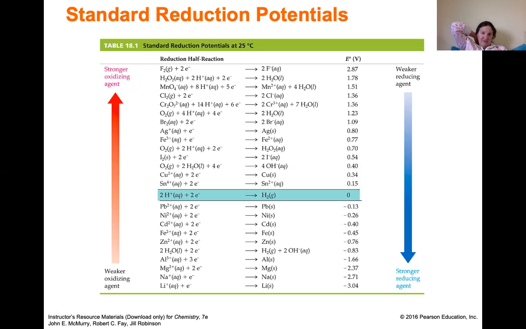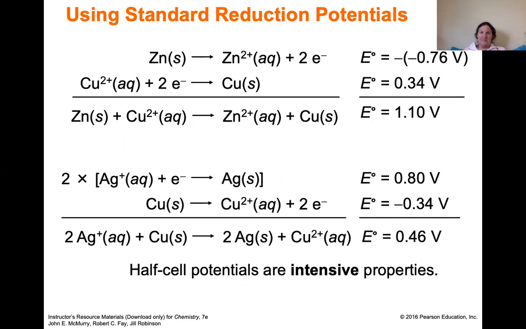So this is just a table. It's a short one. At the back of your book, you have a much, much longer table with lots and lots of standard reduction potentials. Notice these are each for something gaining electrons, so it's a reduction potential. When we use these, we have to think about the sign. If the cell we're creating is this first one, zinc solid plus copper 2+, then the copper is being reduced, so we take its value right out of the table.